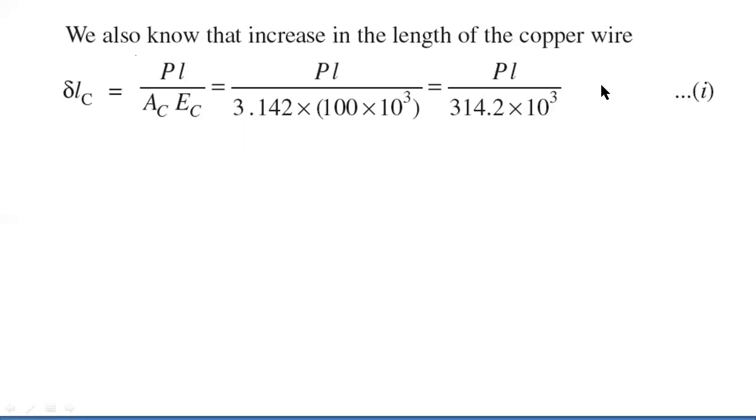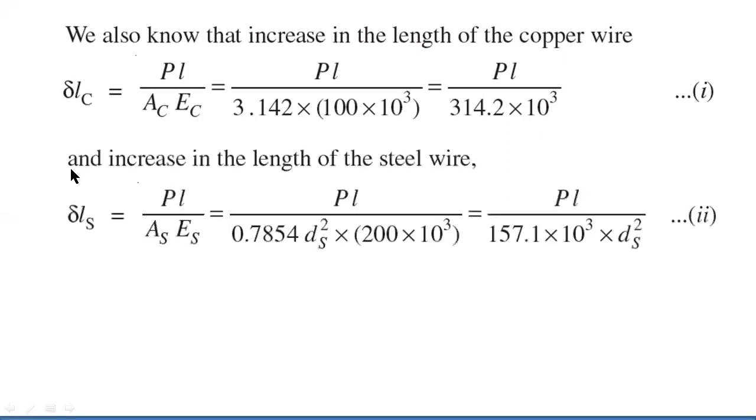This is the answer for change in length in the copper wire. Similarly, the increase in length in the steel wire is delta L S. Here suffix C refers to copper, suffix S refers to steel.